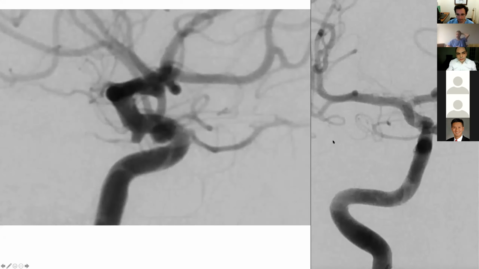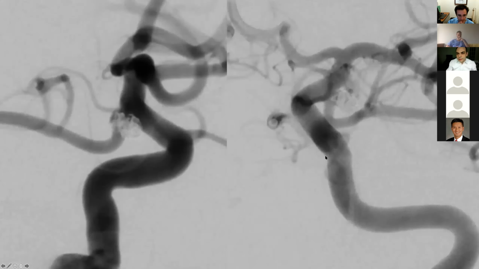And she also had a contralateral ophthalmic aneurysm, as you see as well. So we went ahead and just coiled the aneurysm in the acute phase.